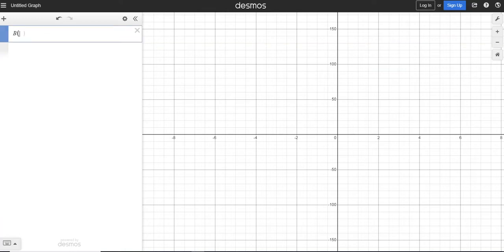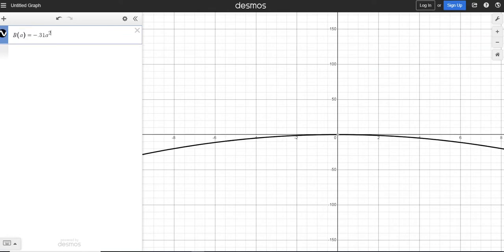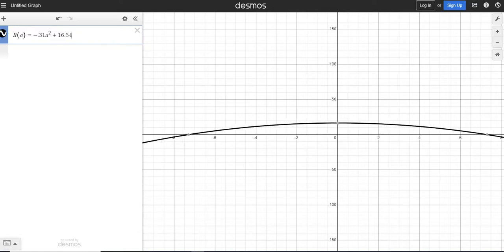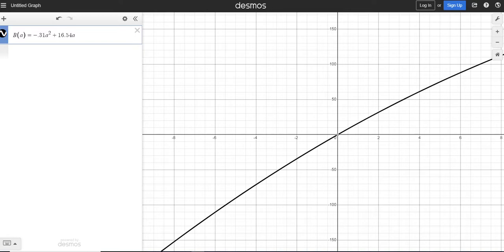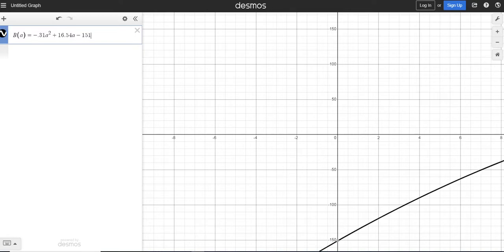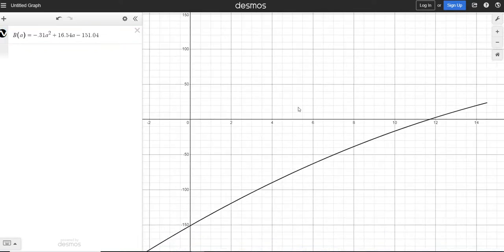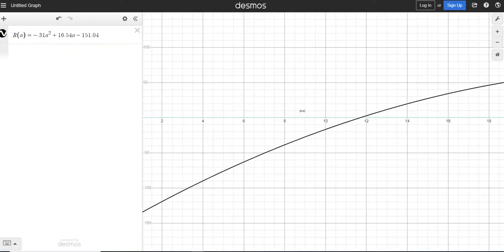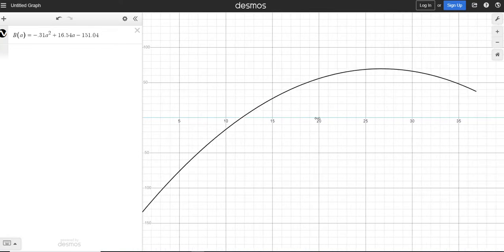B of A equals negative 0.31a squared plus 116.54a minus 151.04. All right, and we need to get our graph a bit better here, showing what we want to show.